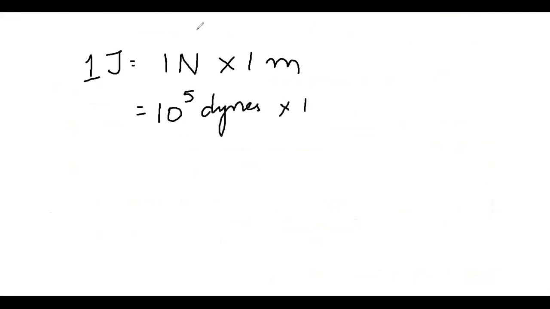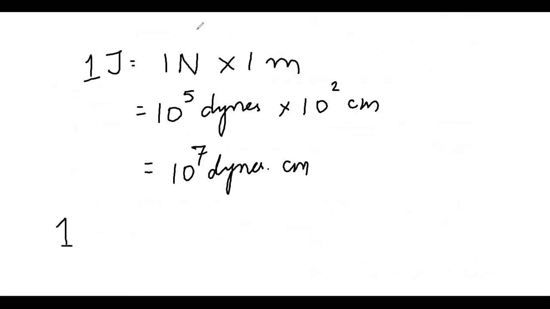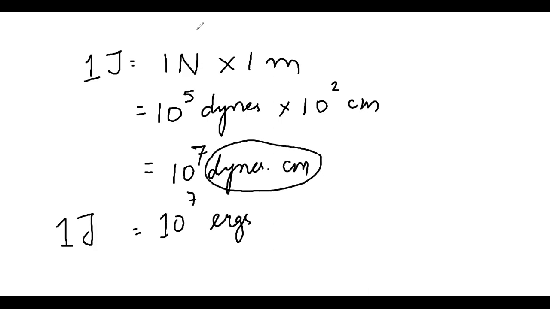And meter can be written as 10 raised to power 2 centimeter. So it becomes 10 raised to power 7 dynes into centimeter. Joule is the SI unit of work, while erg is the CGS unit of work. Hence this dyne into centimeter is known as erg.